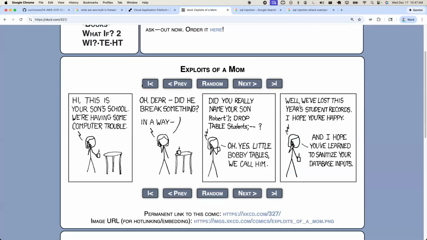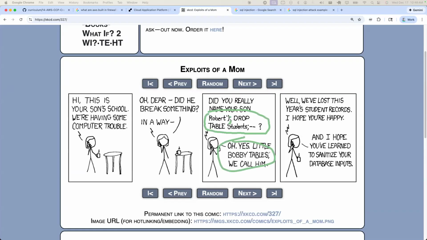And in this webcomic, the joke is the mom goes to the son's school, and the school says something went wrong with the computer. Your son was named, Robert, single quote, close quote, semicolon, drop table students.